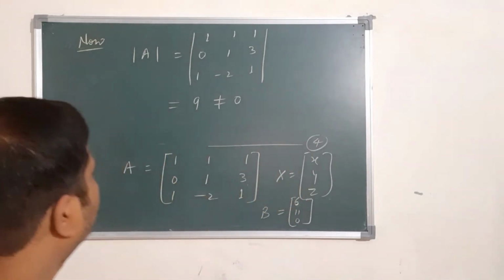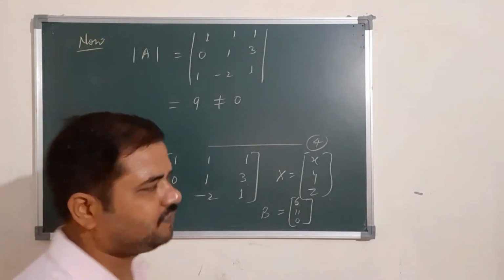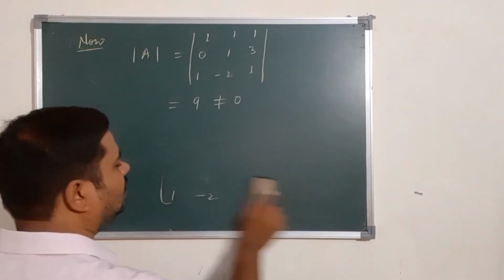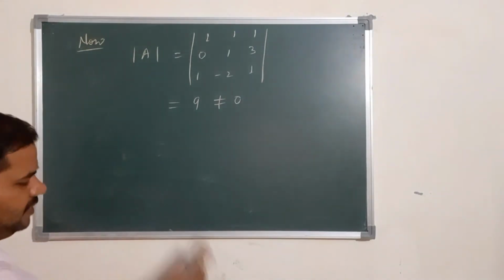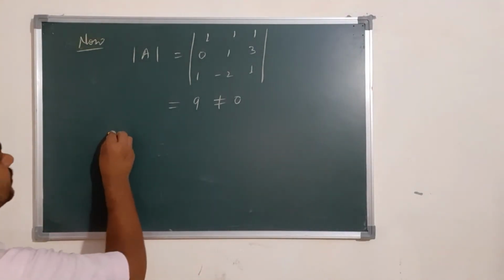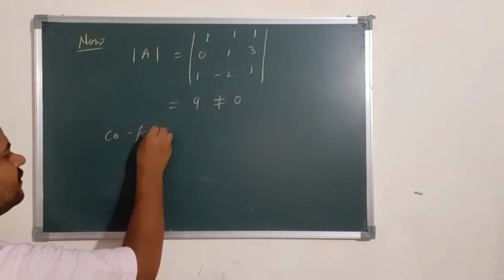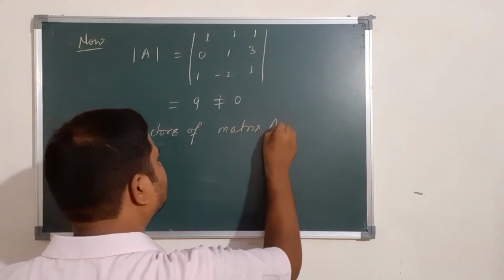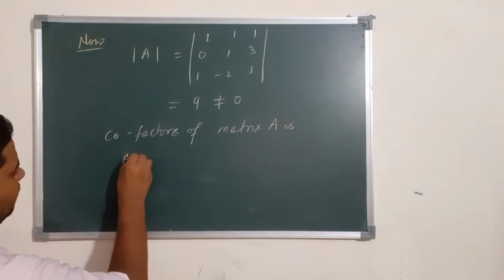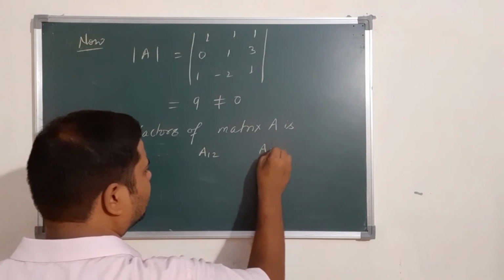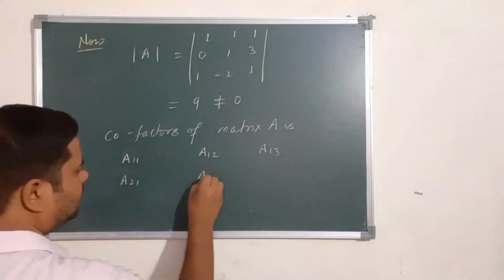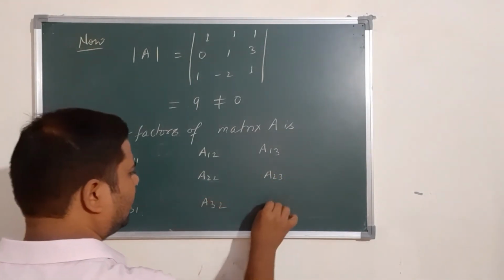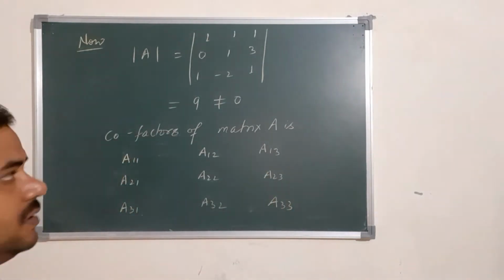So the next step is to find the adjoint of A. Before finding the adjoint of A, we need to find the cofactors of all the elements of matrix A. The cofactors of matrix A are A11, A12, A13, A21, A22, A23, A31, A32 and A33. We have to find them one by one.